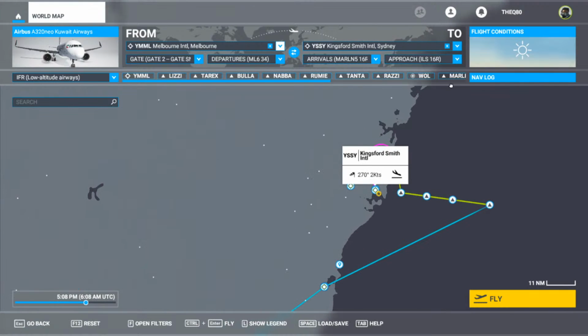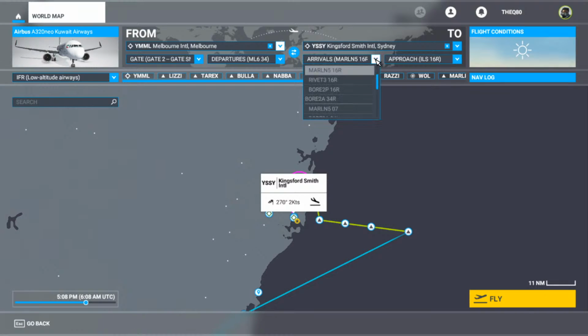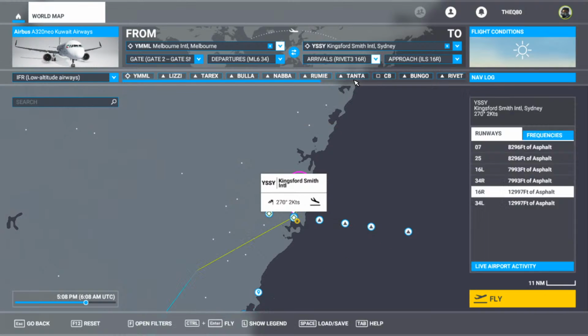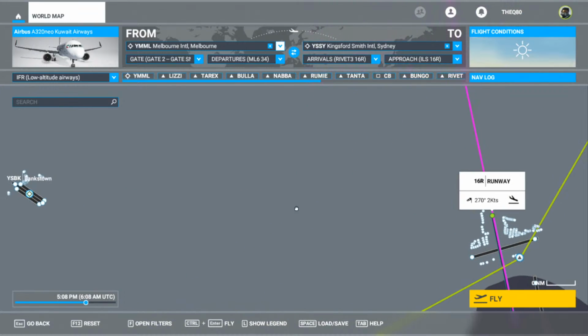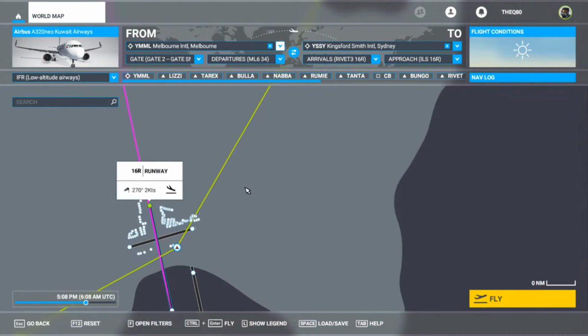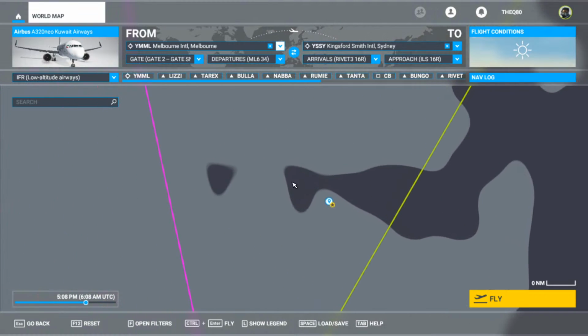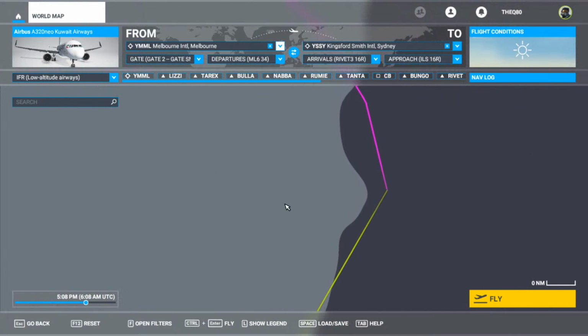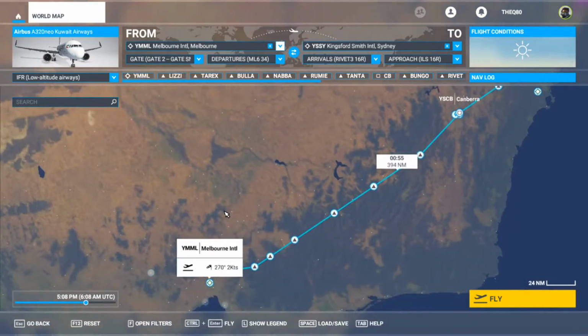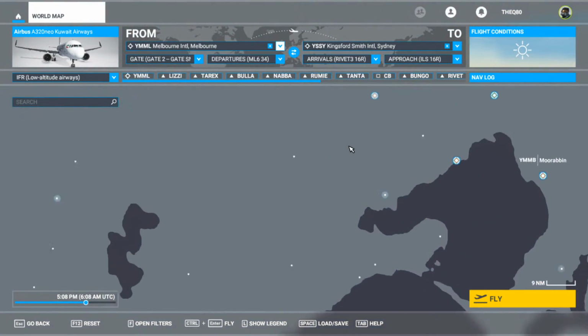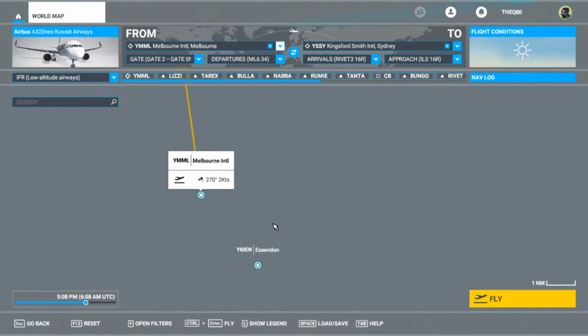Oh, that's different. Yeah, that's a better approach, I guess. I'm gonna go over the one way, over it, go this way and turn around and land. Okay, okay. Let's just go with the flow.